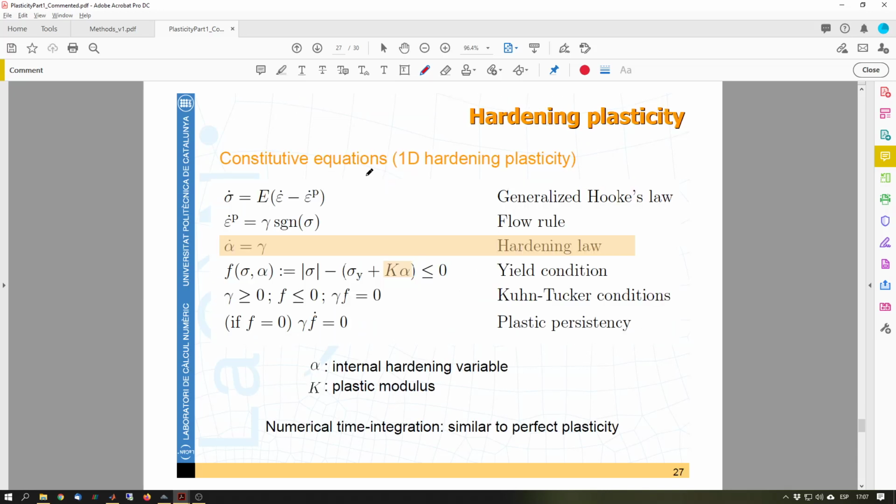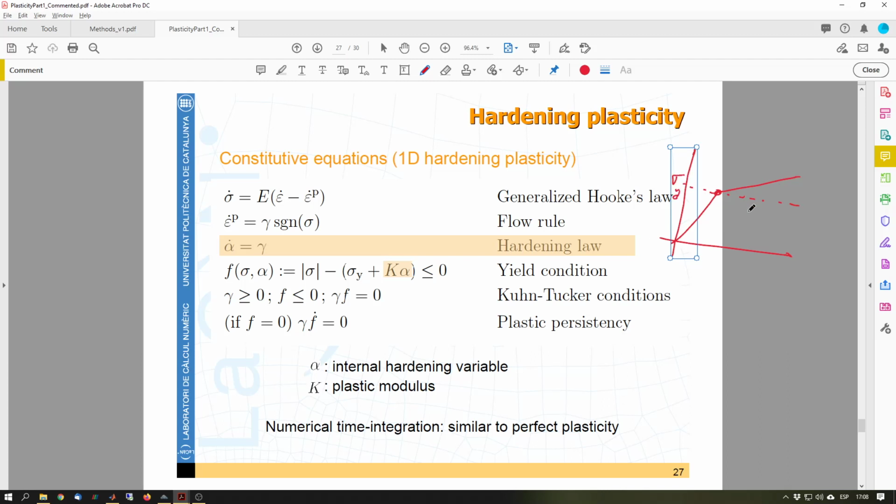We have also very similar equations for the case when we have hardening plasticity, which means that we allow that to increase, so it is not flat anymore, but we have an increase of our admissible domain.